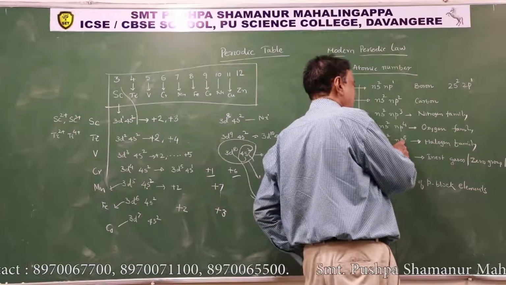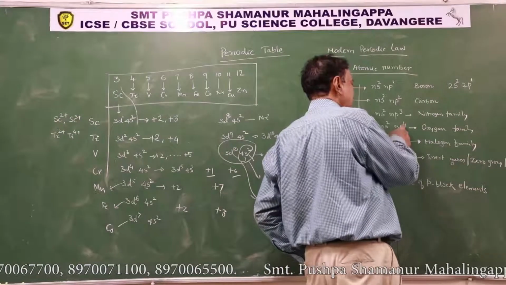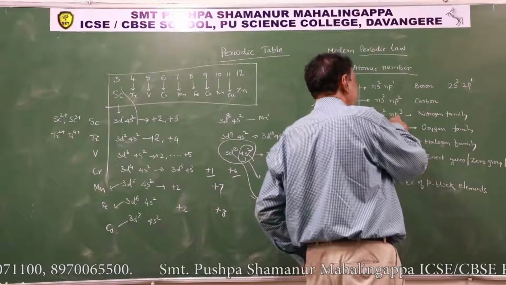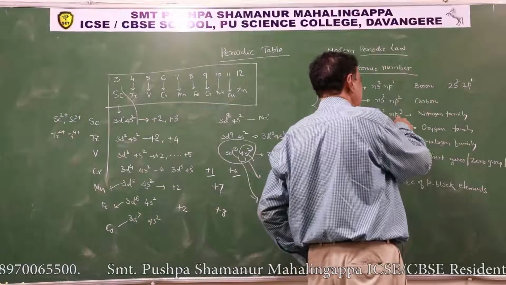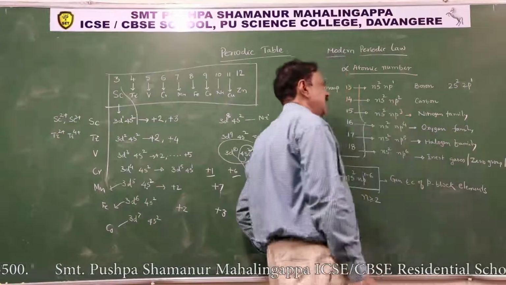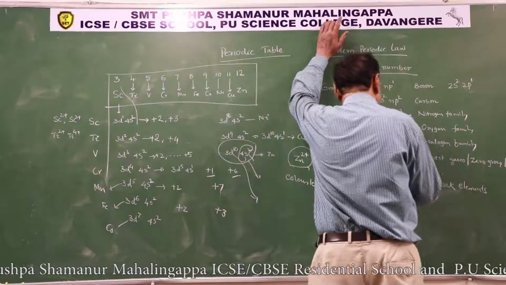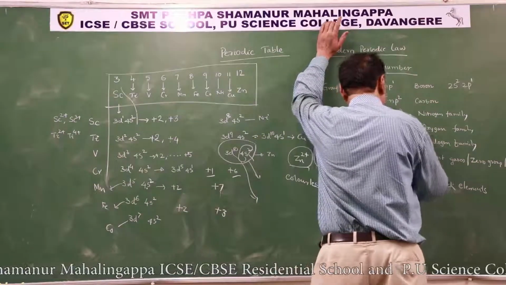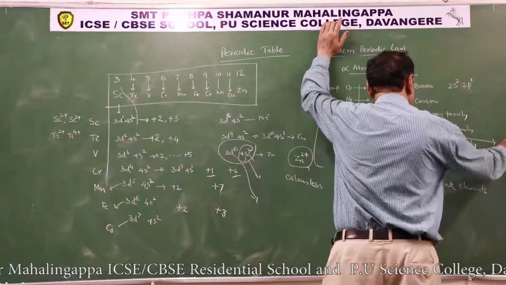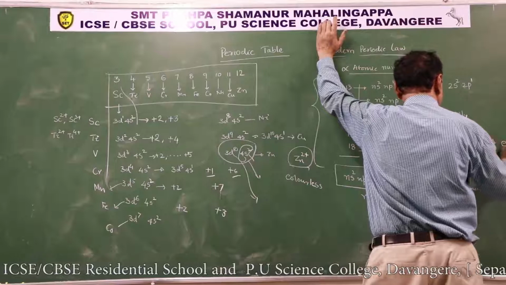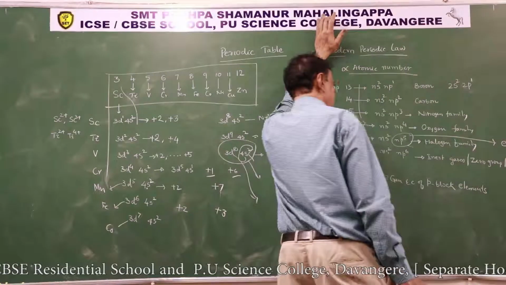When you add one electron, p5 becomes p6. When you add two electrons, p4 becomes p6. When you add three electrons, p3 becomes p6. When you add four electrons, p2 becomes p6. But here, the addition of one electron is very easy. That is why they are considered electronegative elements.